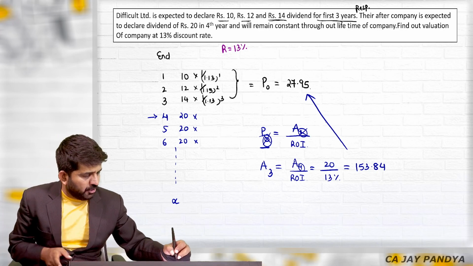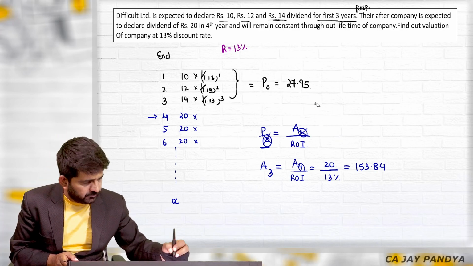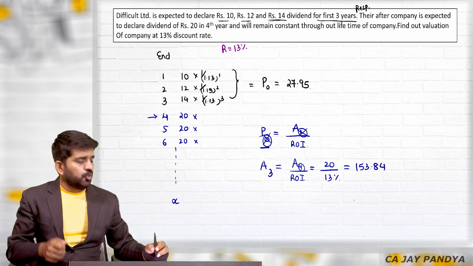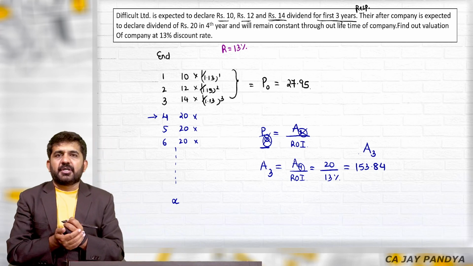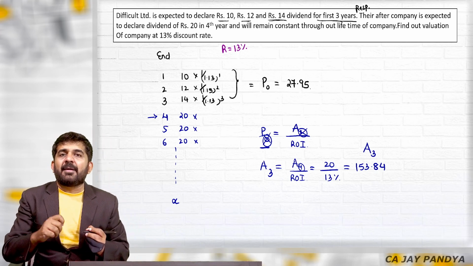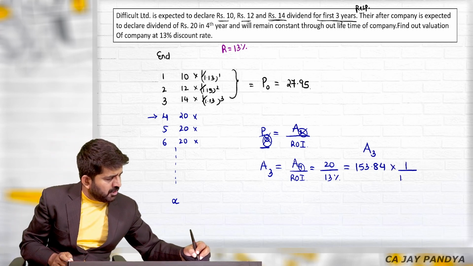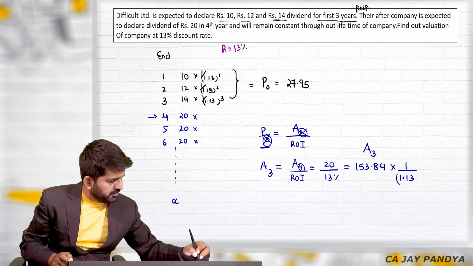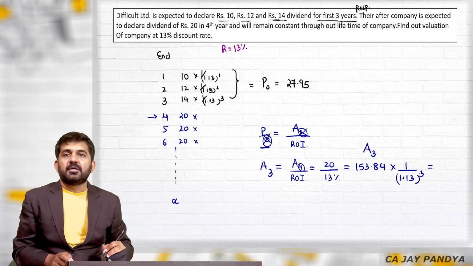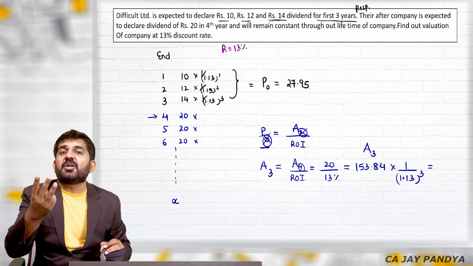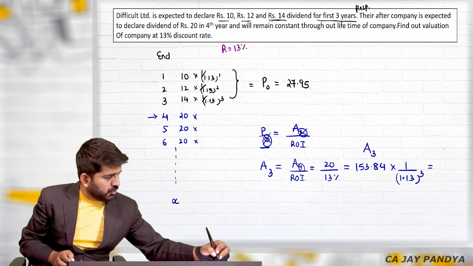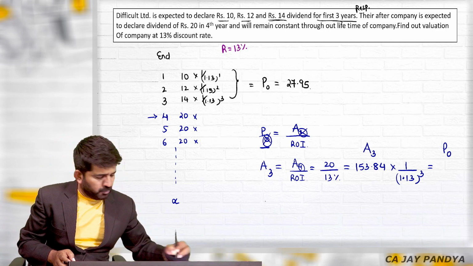So these two cannot be added. So what to do? Very simple. If this amount is at the end of the third year, convert it into the amount at the end of 0 year. So discount it for 3 years. 1.13 raised to 3. Anything which is after the third year, if you discount it for 3 years, you will be getting today's value.